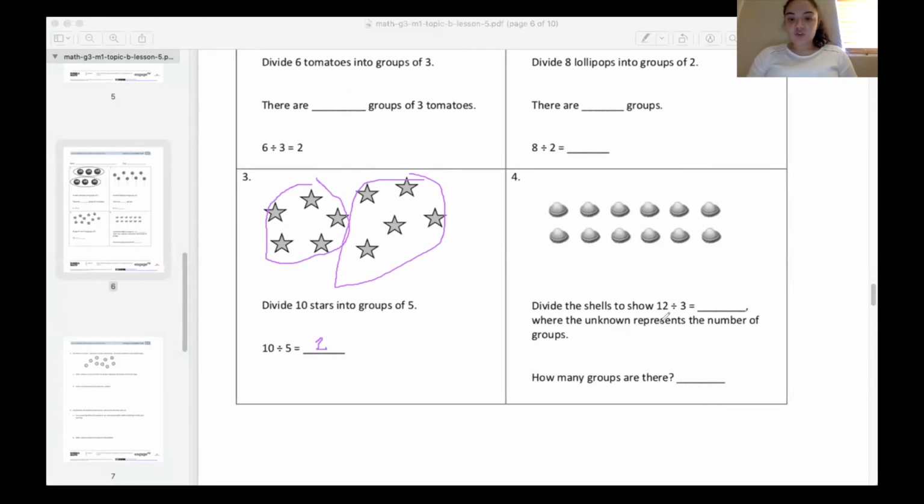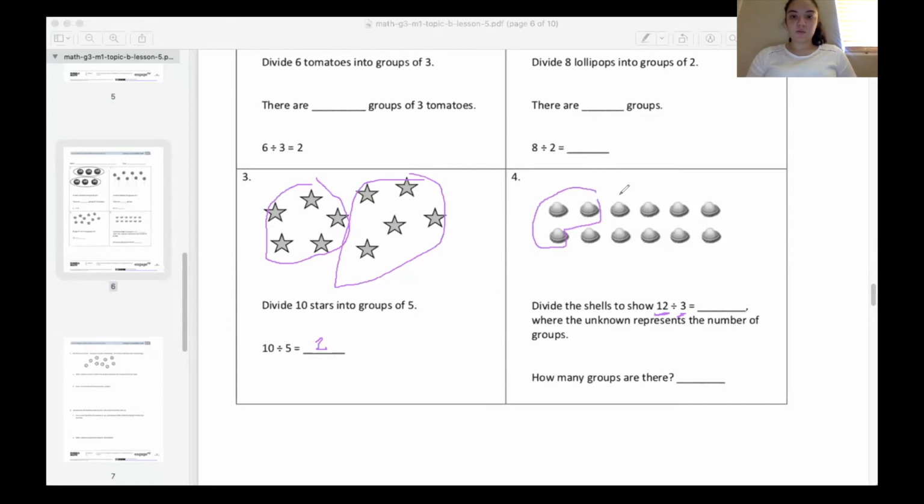Divide the shells to show 12 divided by 3, where the unknown represents the number of groups. So what this means is we have 12 shells in total, and we have 3 in each group, because it says right here, the unknown represents the number of groups. So we're going to have 3 shells in each group.